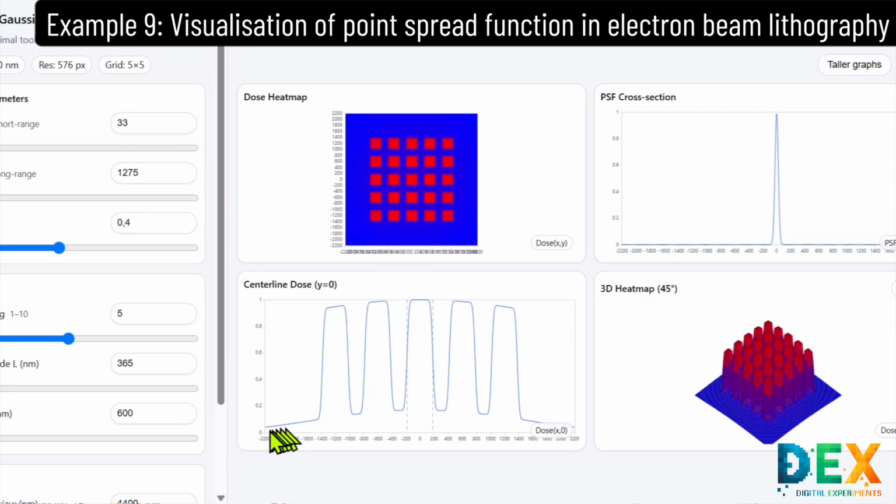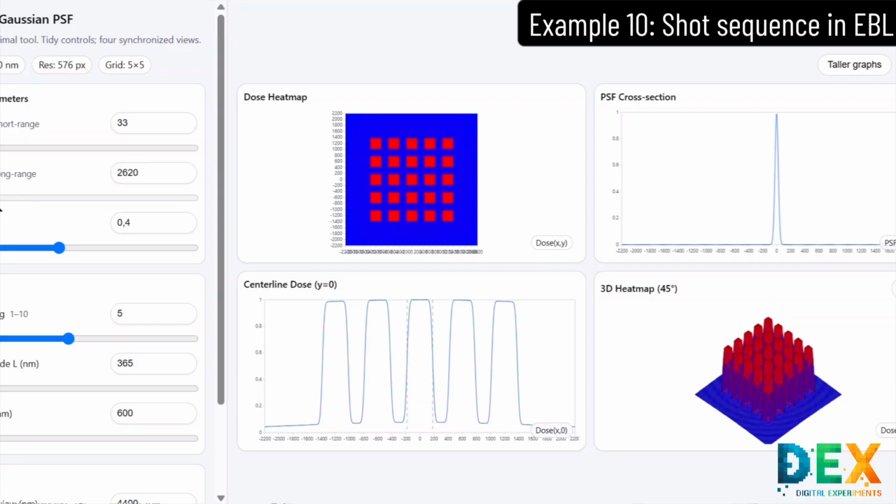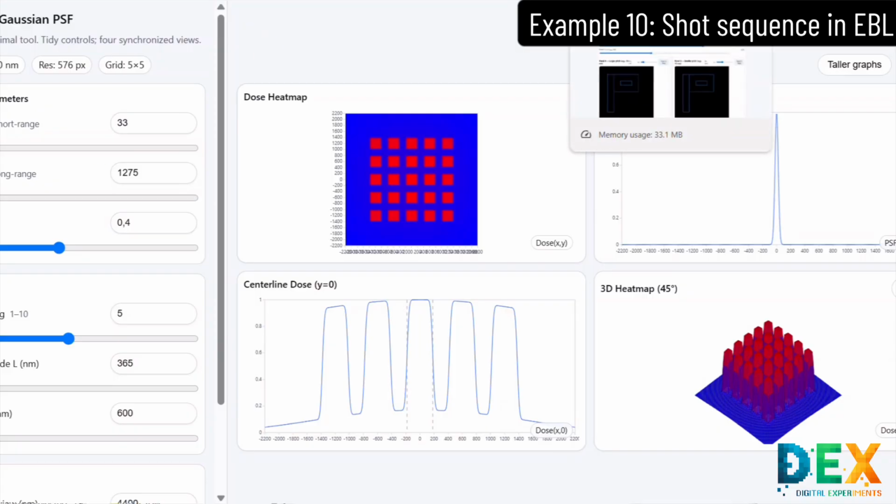So you see there's some residual dose outside these regions, which is related to what we call the proximity effect. And depending on the range, if we increase the backscatter range, then we are reducing the problems with the distortion of the patterns on the short range. This is also something that is quite helpful.